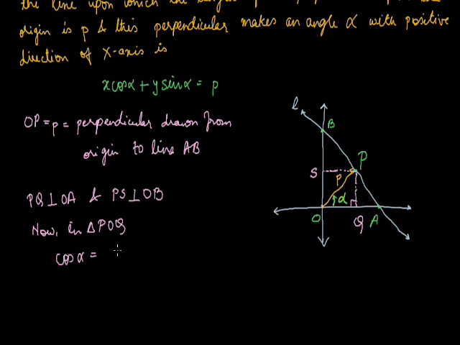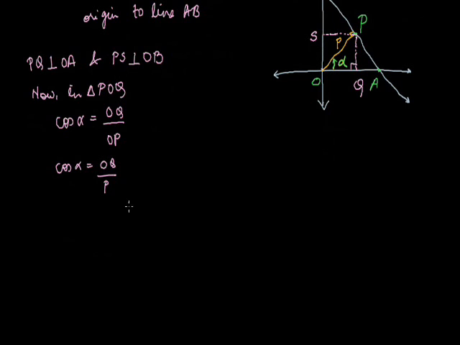So I can write cos alpha is equal to OQ upon OP. I'll substitute the value of OP as p. So I get cos alpha is equal to OQ upon small p. Further, I cross multiply and I get OQ is equal to p cos alpha. I name this equation number 1. OQ is equal to p cos alpha.